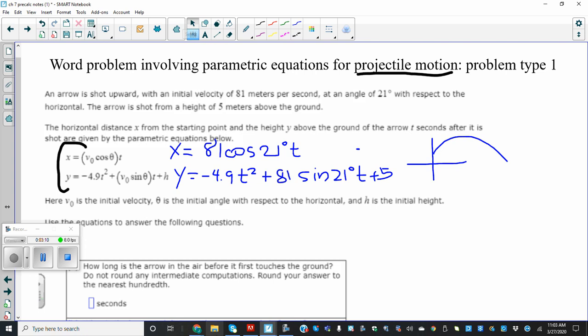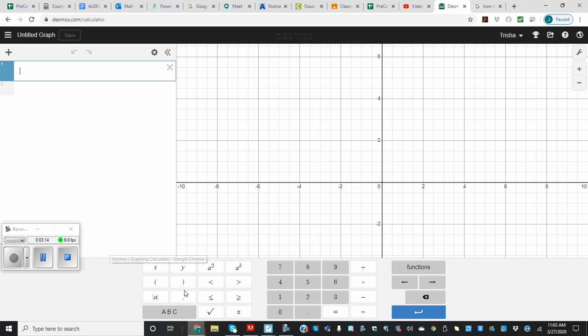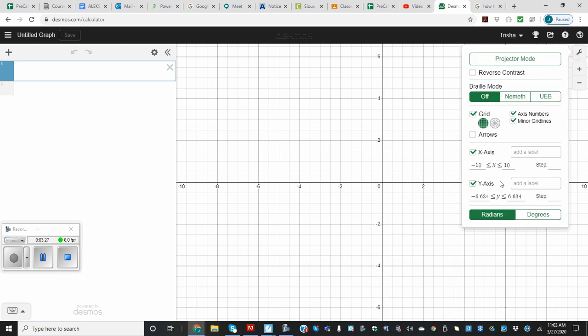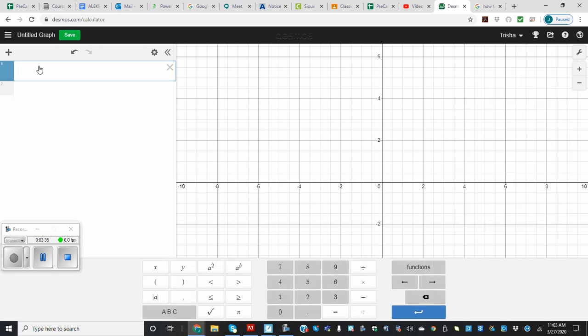Okay, so I've got Desmos up here, and again, I just went to www.desmos.com. Now what we're going to do is go over to this wrench, and Desmos defaults to radians. So we're going to have to switch this to degrees. And then when we type in a parametric equation in Desmos, we type it in as an ordered pair.